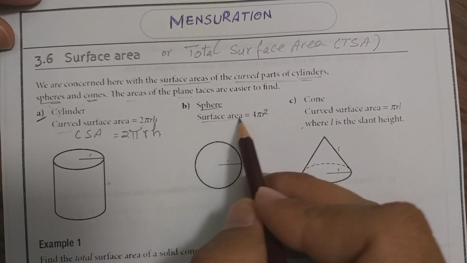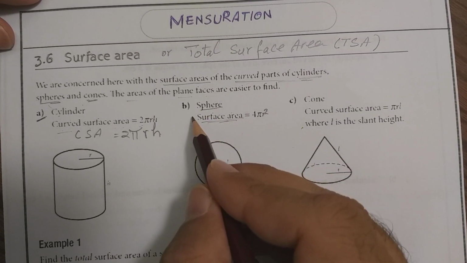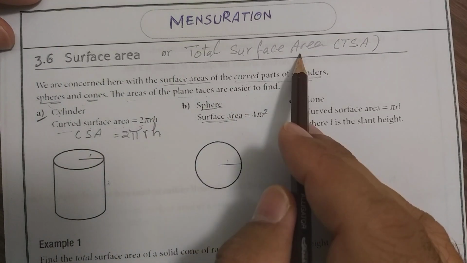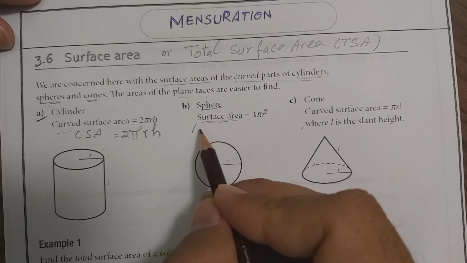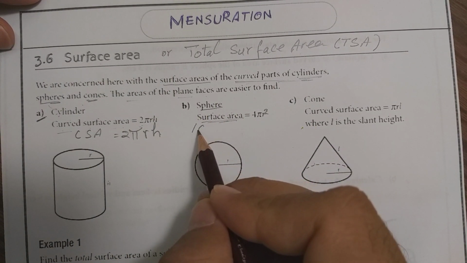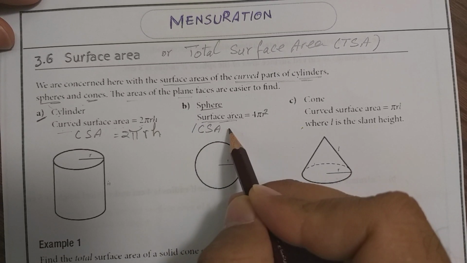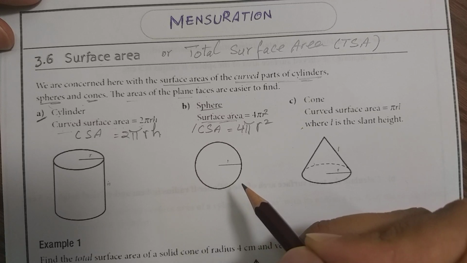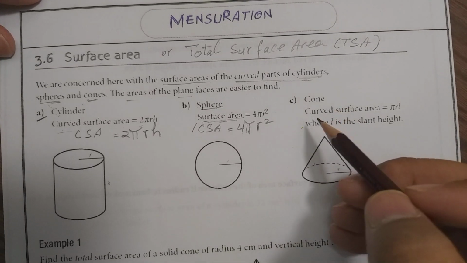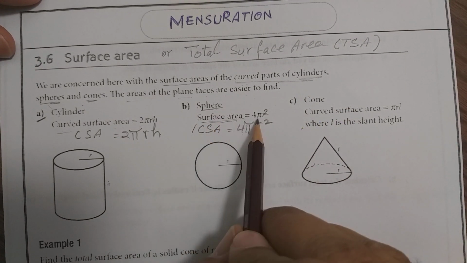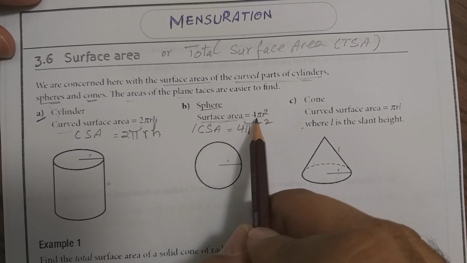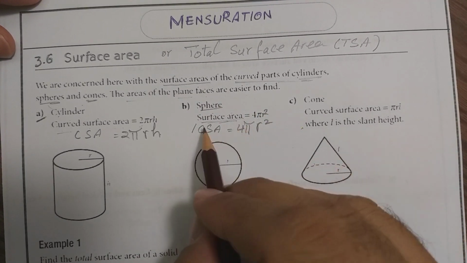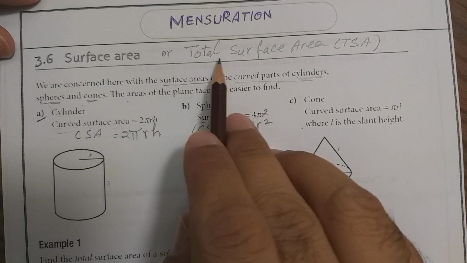And for the sphere, surface area means total surface area. Another way you can say it is curved surface area, which is equal to 4 pi r square. The other name of surface area is total surface area.